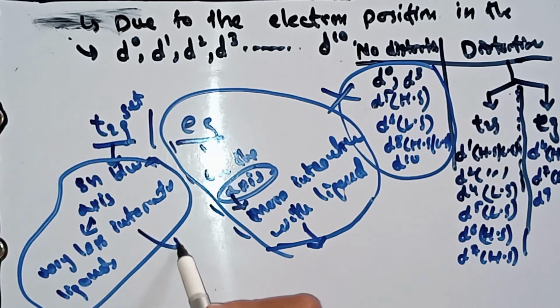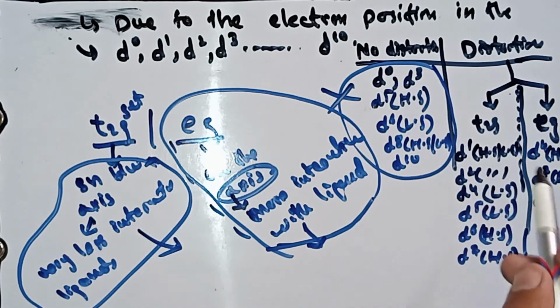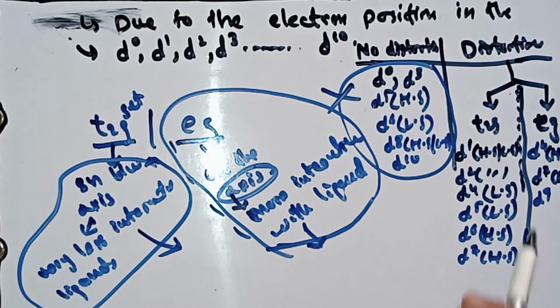So we can neglect T2G distortion, but EG distortion cannot be neglected. EG distortion is heavy distortion. So let's proceed to EG distortion, and see how distortion occurs in EG cases. So let's start.